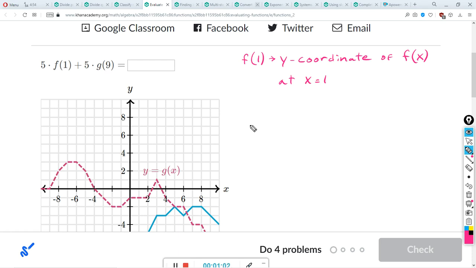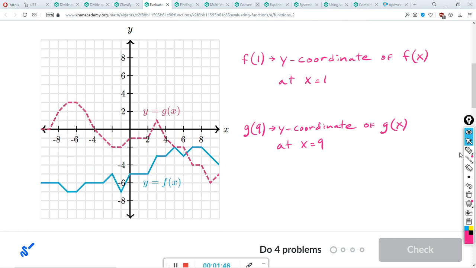And g of 9 is going to be the y coordinate of g of x at x equals 9. Okay? So when they say f of 1, basically you're plugging in 1 for x and seeing what you get. And for g of 9, you're plugging in 9 for x and seeing what you get. Okay, we don't have an equation to plug it into, but we do have the graphs.